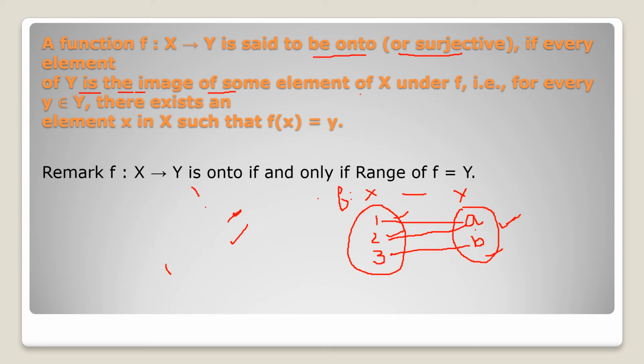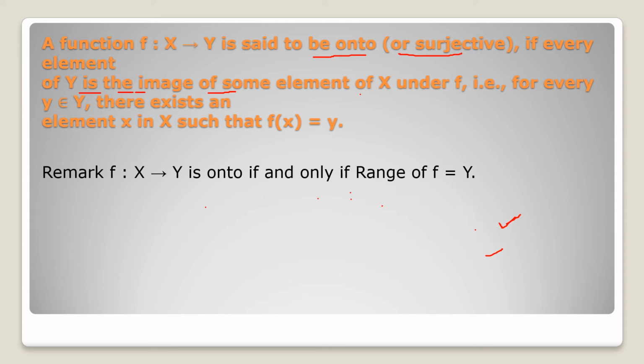So now let me take an example in which the function is not onto. So let us take, there are three elements, and here we have four elements.